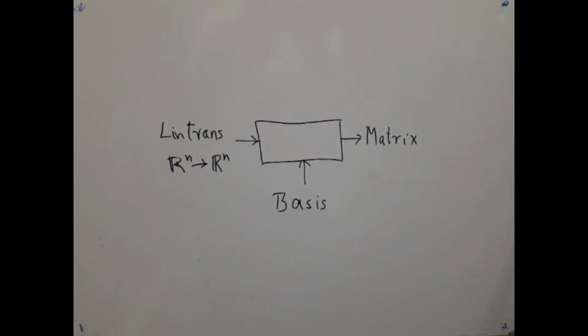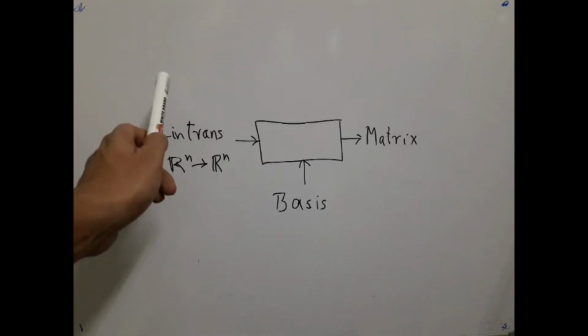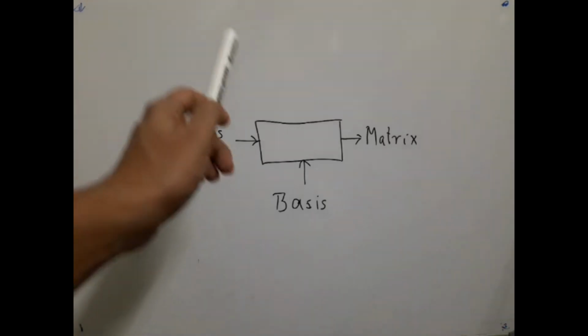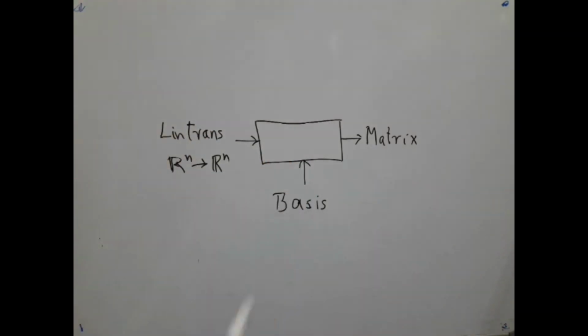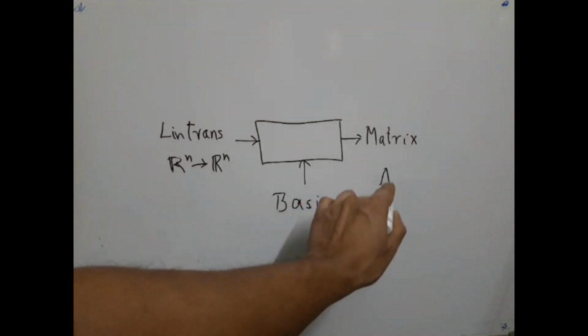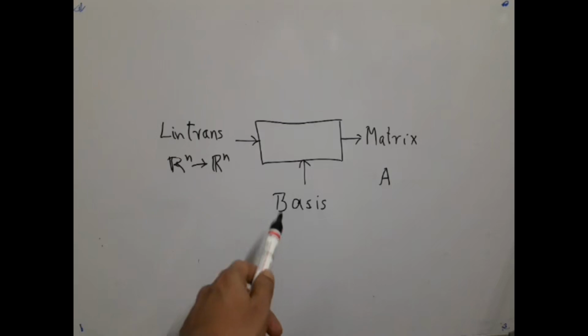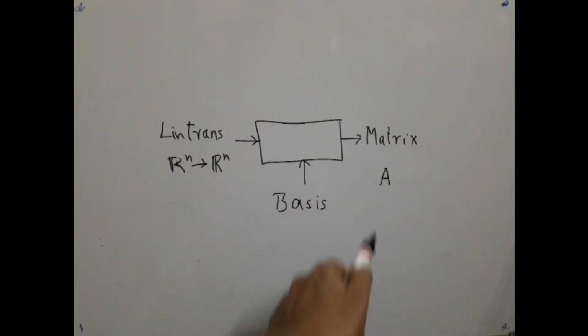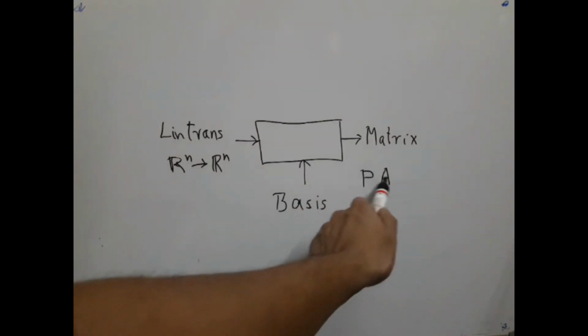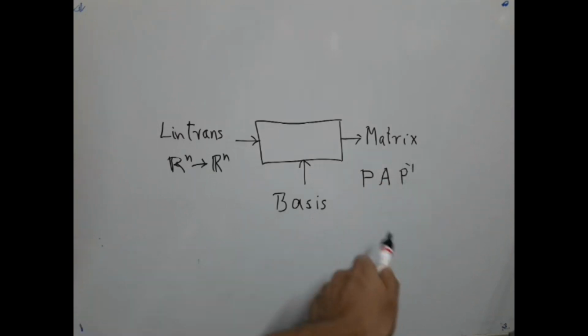We have also seen that if we keep the linear transformation fixed and then just change the basis, then the matrix changes in a special way. If for some basis this matrix was A, then when you change the basis, the matrix will be of the form PAP inverse, where P is some non-singular matrix.